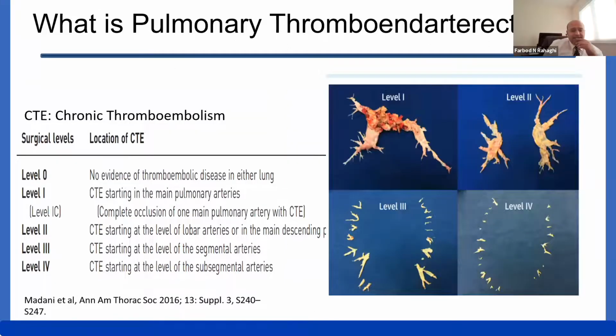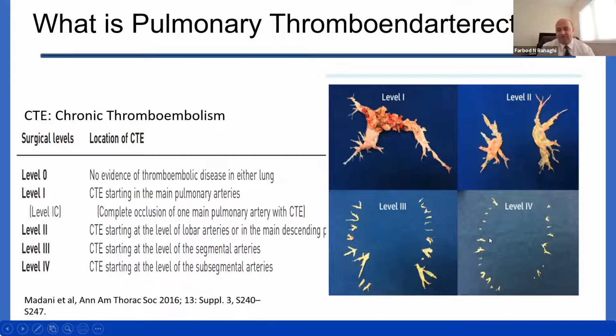The UCSD folks who developed this surgery initially and have written a lot of the literature on it have come up with different ways of classifying these types of lesions. If the lesion involves the central arteries, you have a level 1.